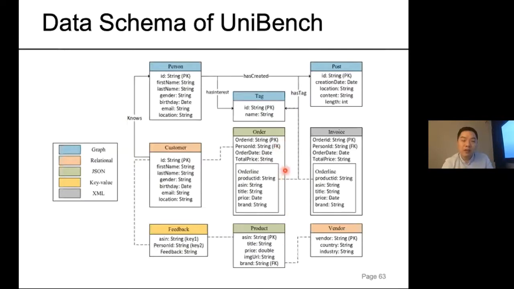And the social network model includes 3 entities: persons, tags, and posts with 3 relations. And there are also correlations across the data models. For instance, the relational customer knows friends in the graph, and the customer can make JSON orders.